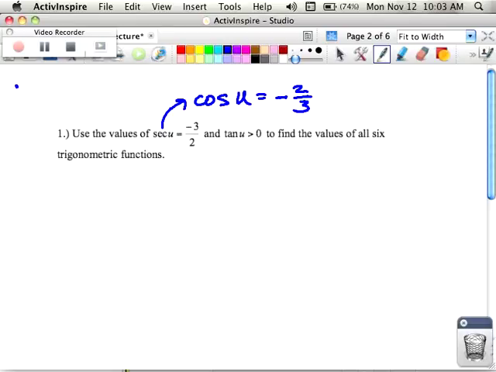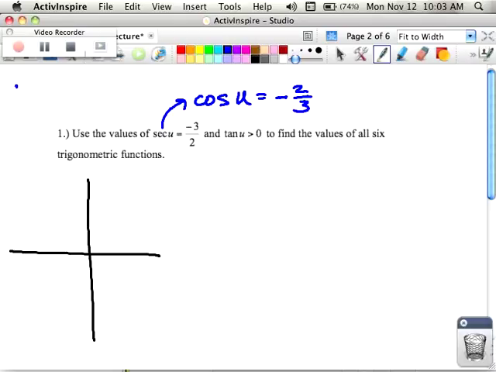And then I also noticed that they talk about this tangent thing. So they're mentioning two different functions with numbers, and they asked me to find all 6 values. We've actually done this before. When you see these things, you draw a triangle. I noticed that my cosine is negative.